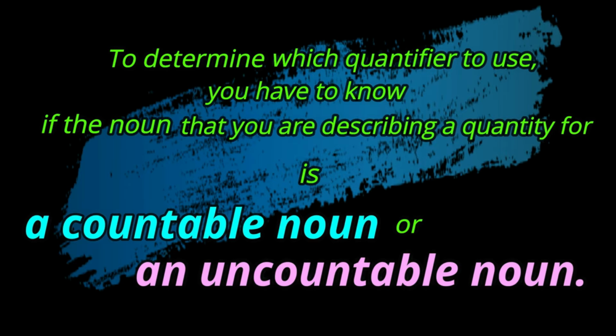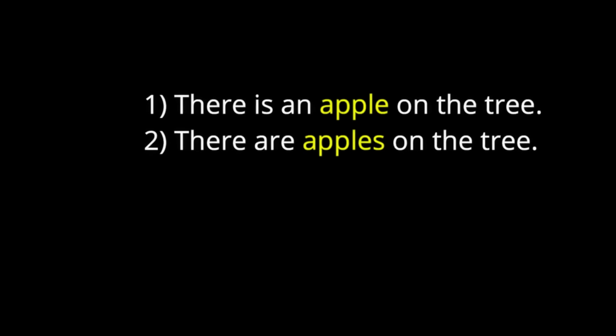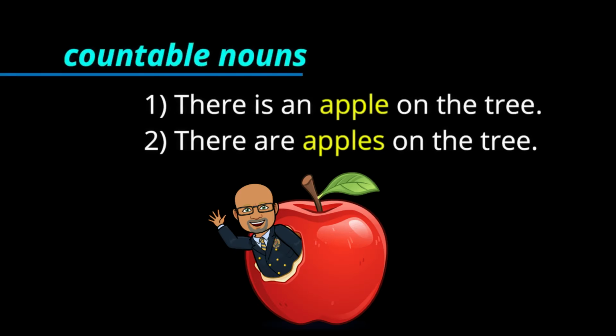Let's look at the examples. In the first set of examples, we have the countable noun apple. Okay, apple is a countable noun. We can count apples. So in the first sentence, there is an apple on the tree. This is another way to say there is one apple on the tree. In the second example, there are apples on the tree.